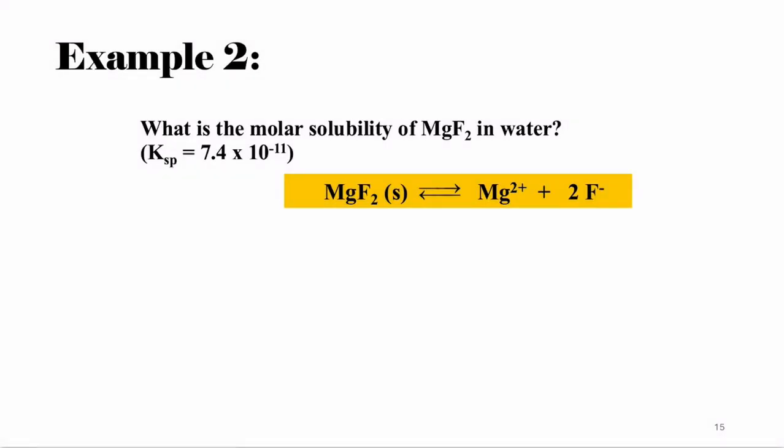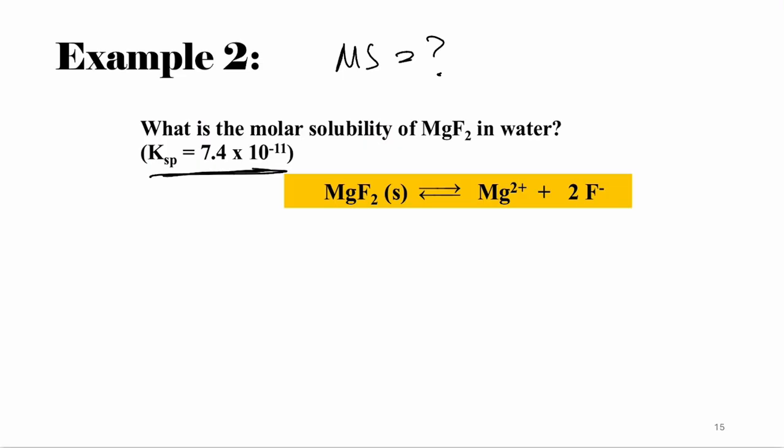Okay, so what about this question? We have a Ksp for magnesium fluoride, and we want to find the molar solubility. And what was that equal to in our last example?